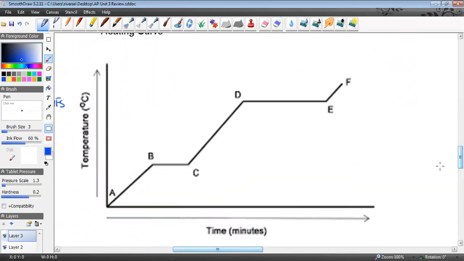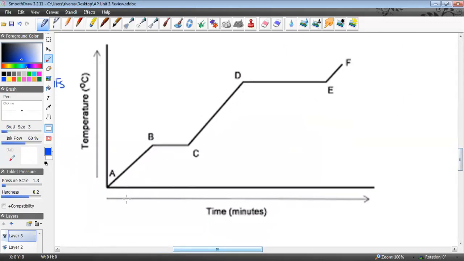This heating curve is showing us an increase in temperature over the course of time. If this was the heating curve for water, in order for water to be in the solid state, we would have to be below 0 degrees Celsius. So let's say we started this experiment at -10 degrees Celsius.